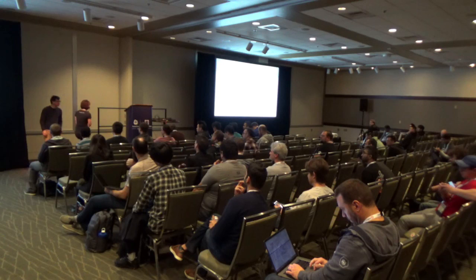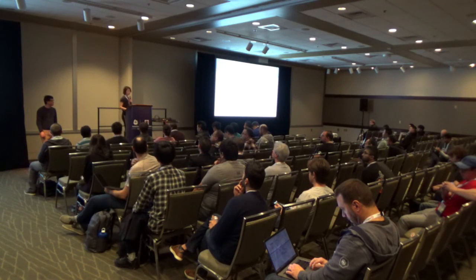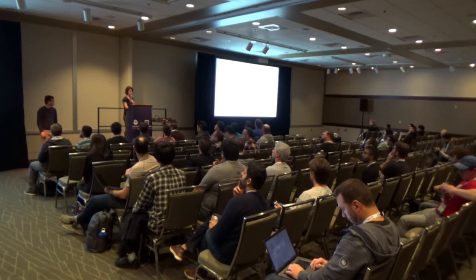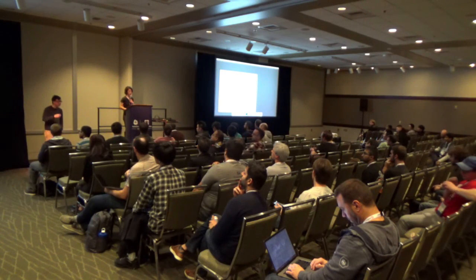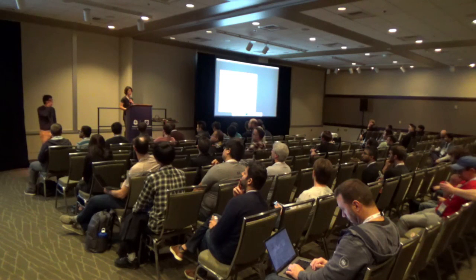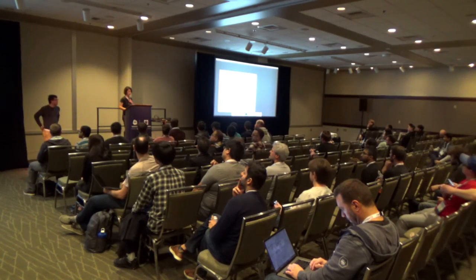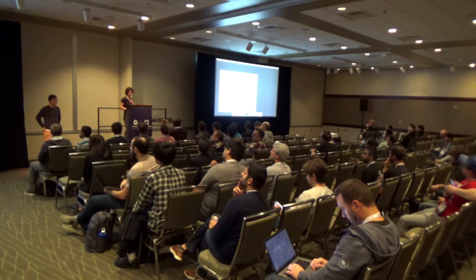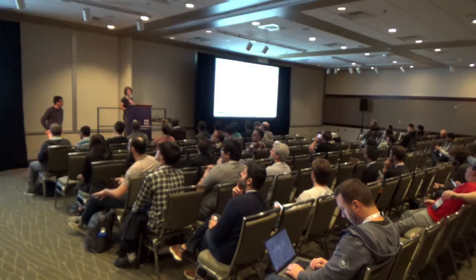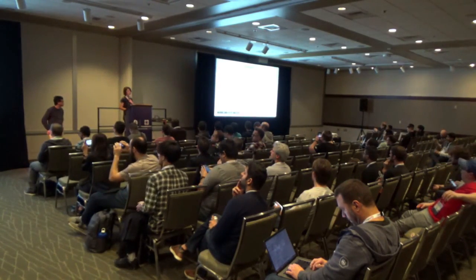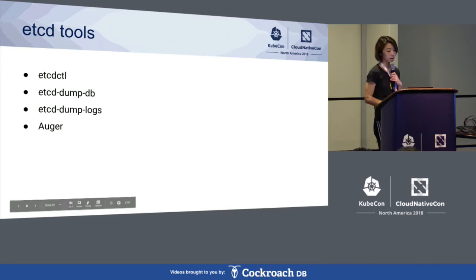I have another slide that is probably going to be useful for you guys. There are some tools that you can use for some of the use cases. Joe and Jingyi had a session on debugging etcd yesterday. If you look at the video, they have a very detailed introduction on the tools. For example, etcdutl dump-db is to look at what's in the DB file, and etcd dump-logs is to see what's in the WAL log, and there is Auger.